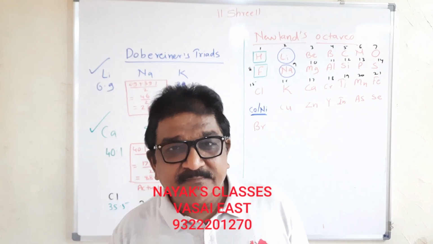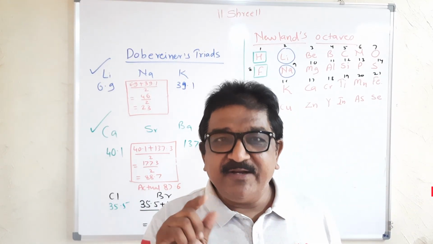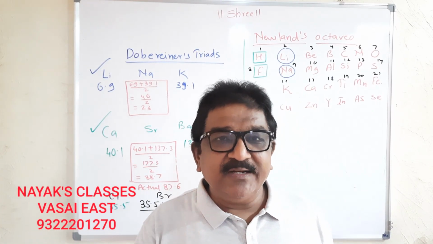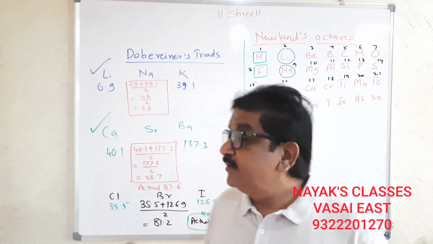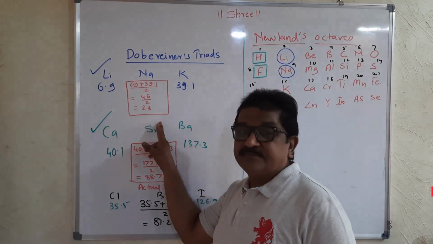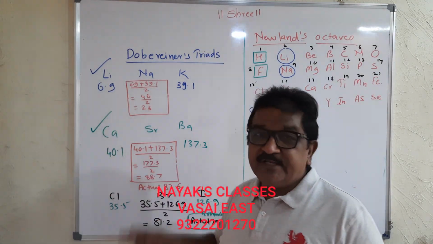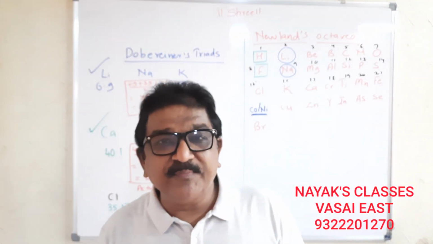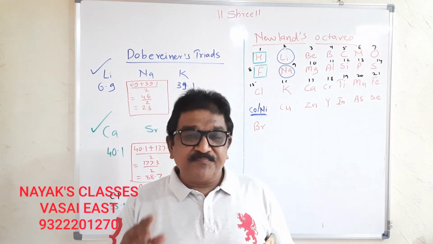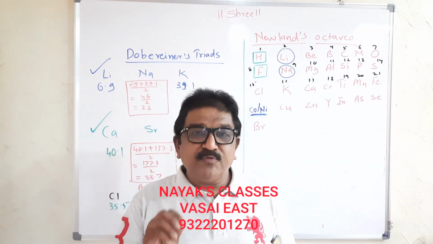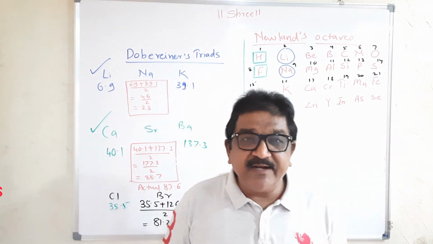If we add the atomic masses of the first and third and divide by 2, you will get approximately the atomic mass of the middle one. So he called them triads. A group of two is called a couple, and a group of three is called triads.